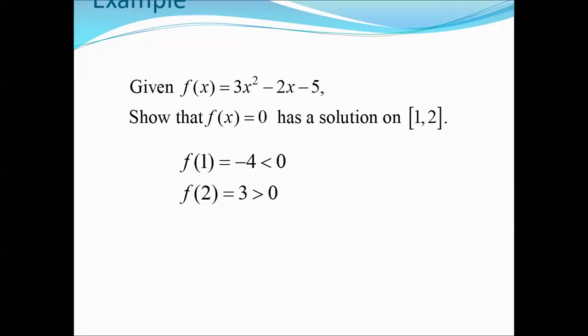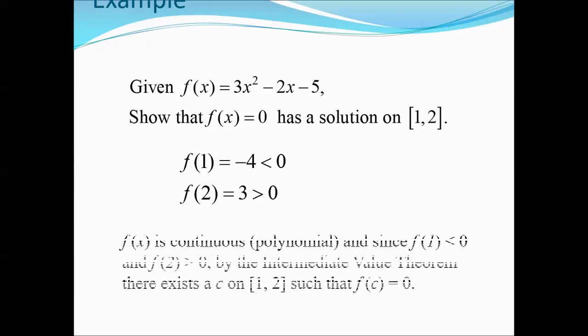Okay, simply we check the values of f of 1 and f of 2, the values at the initial point and end point, 1 and 2. So at 1 it is minus 4 and at 2 it is 3. Now we find the roots of f(x).